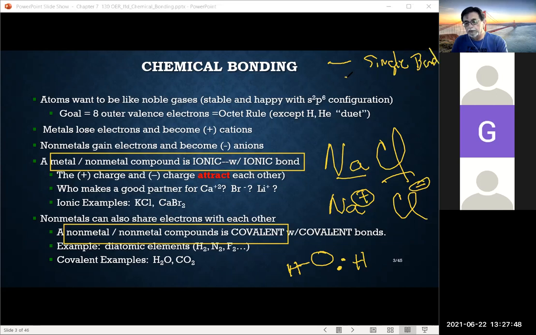We can do a double line like the equal sign, for example, and that is a double bond. Again, each line represents two electrons. And we also have one that has three lines, and that is a triple bond. Again, each line represents two electrons. So a triple bond has a total of 6 electrons.